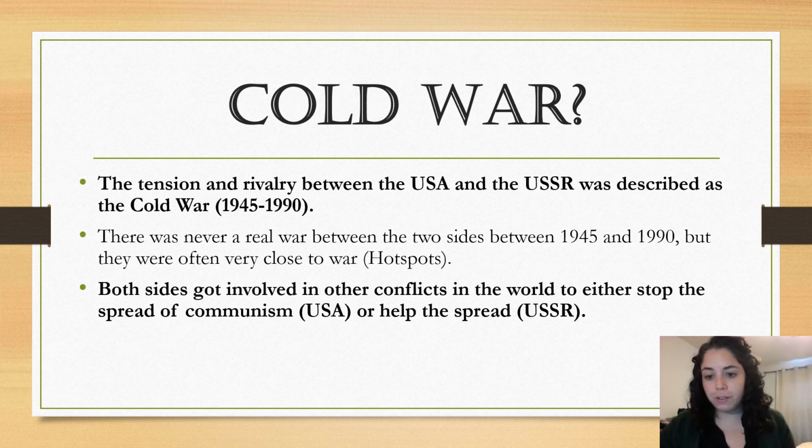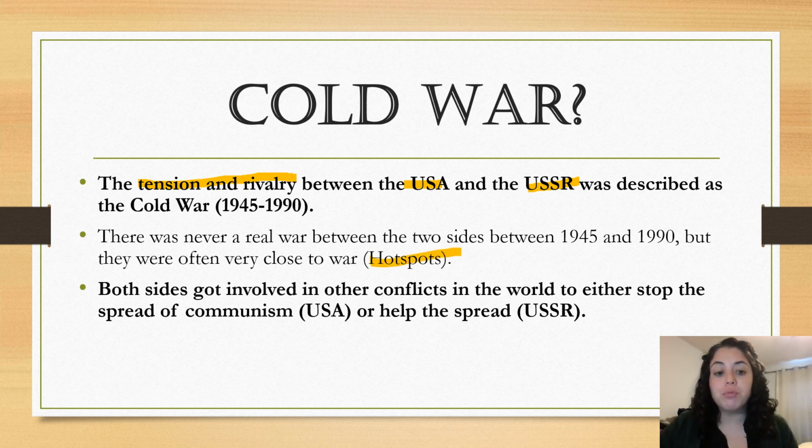How are we going to define the Cold War? It's a tension and a rivalry between actually 2 countries that were on the same side at some point. The United States and the Soviet Union. It's a tension and a rivalry because there's not a real war between these 2 countries. They are going to come very close to a war. That's what we're going to call hotspots.